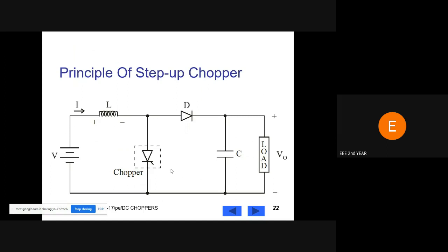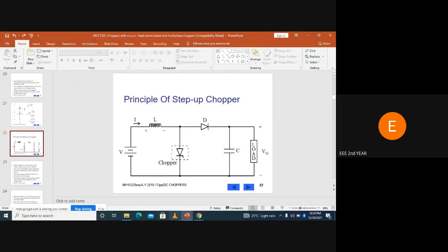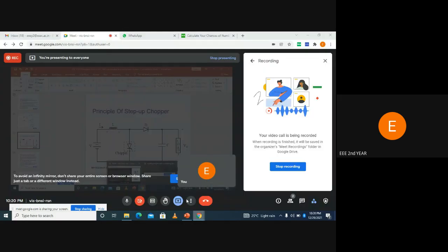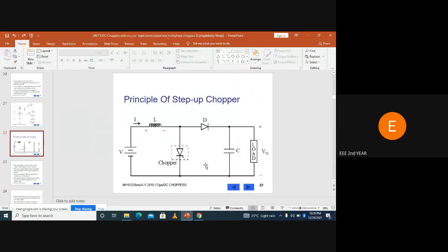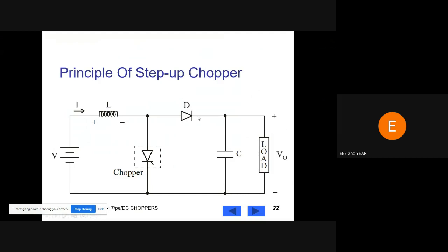That is only called a step up chopper. In a step up chopper, the chopper switch is connected parallel to your supply and to your load.